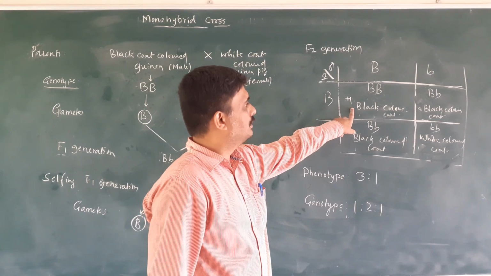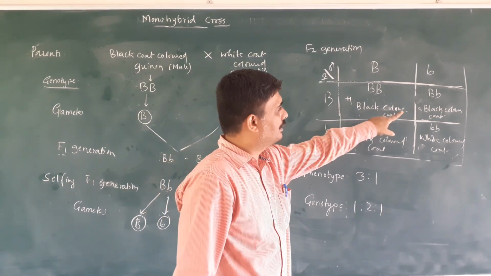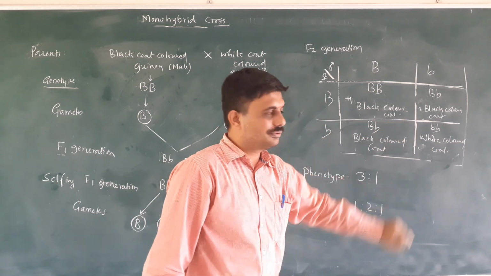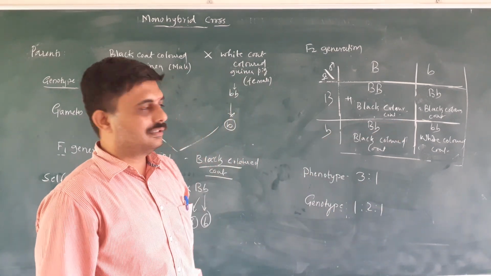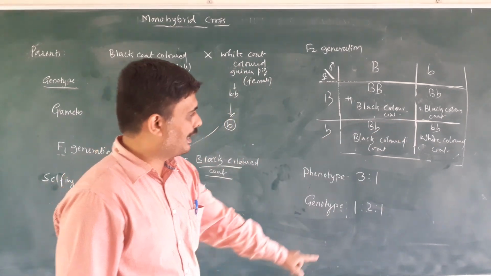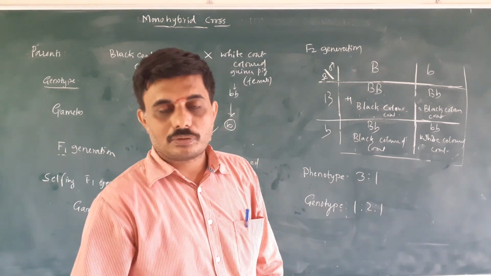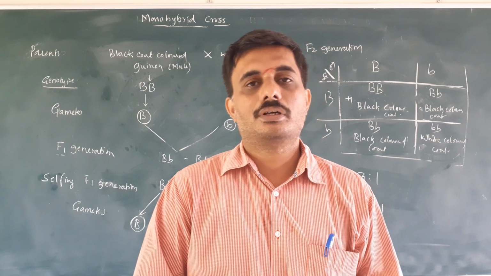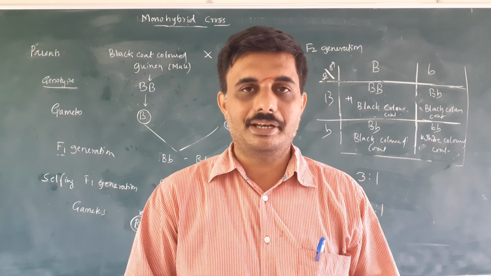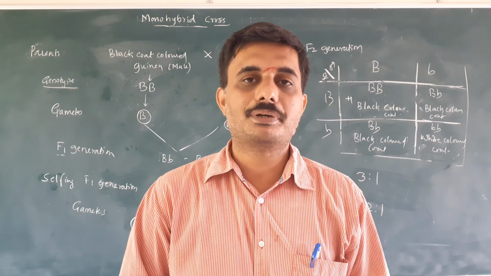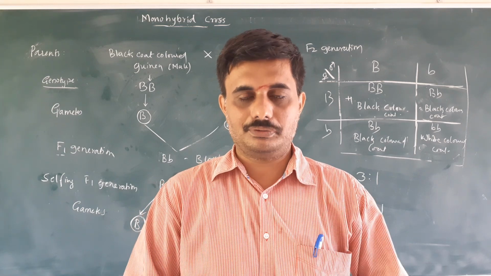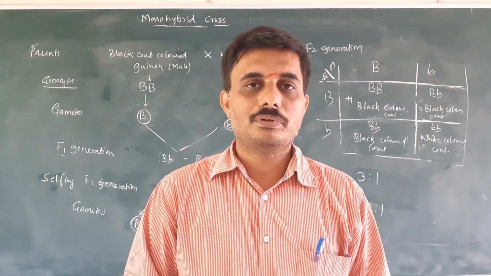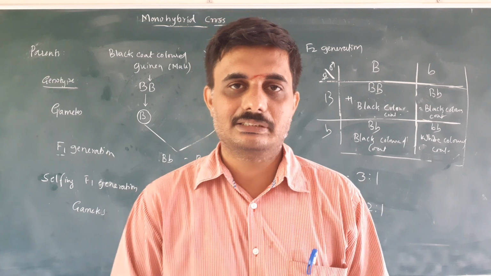One homozygous black colored guinea pig, two heterozygous black colored guinea pigs, and one white colored guinea pig. So this is about monogenic inheritance, or monohybrid cross, or unihybrid cross. Thank you very much for listening patiently.